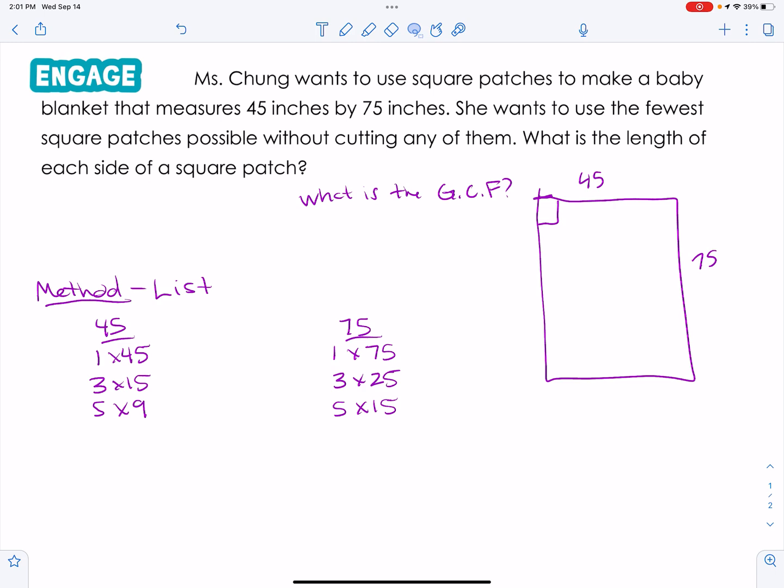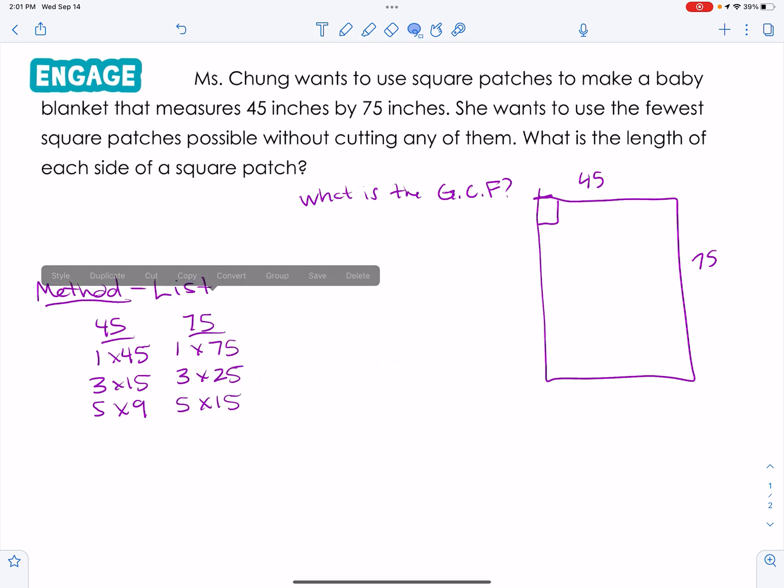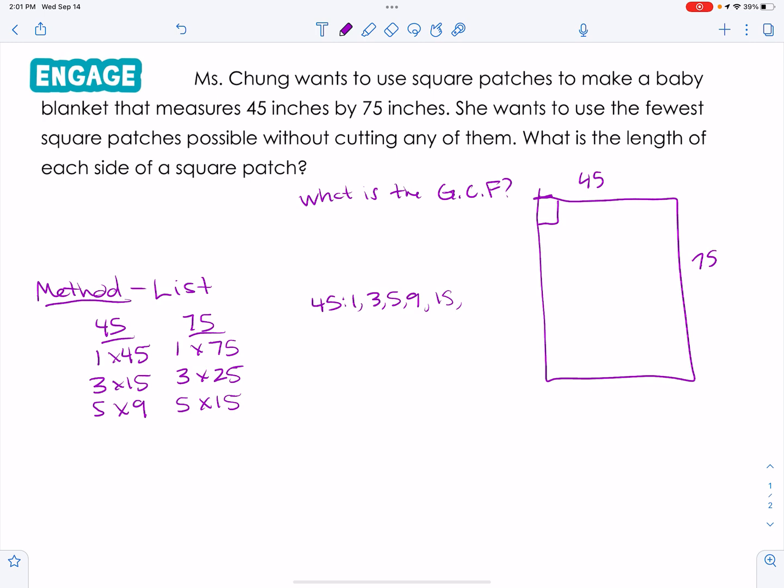So with the list, what you want to do is take these and put them in order horizontally. So we have 1, 3, 5, 9, 15, and 45. Same thing for 75: 1, 3, 5, 15, 25, and 75.